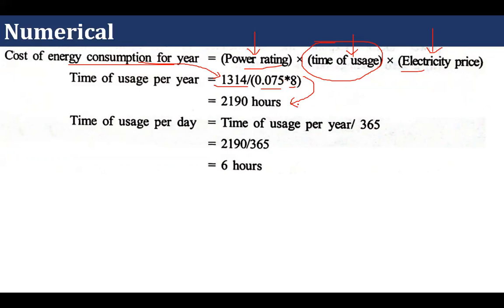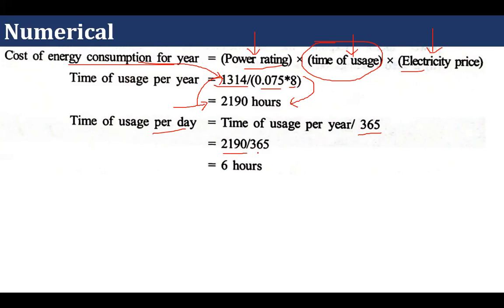So for whole 1 year, if the laptop will be used for 2190 hours, then we have to pay this much price for that. So for per day, we need to divide it by 365 days.